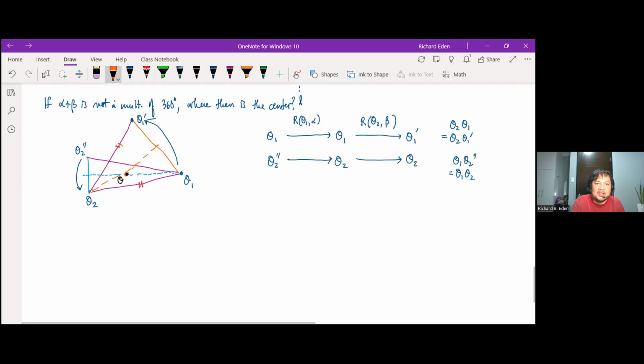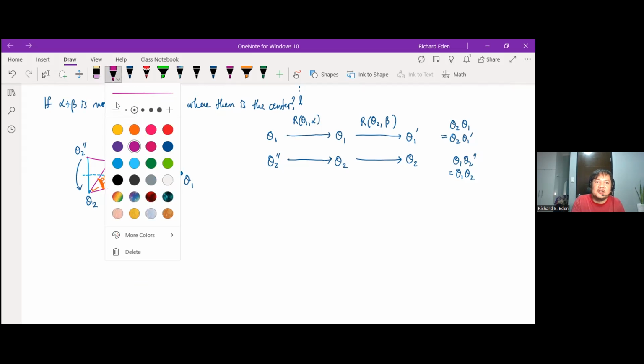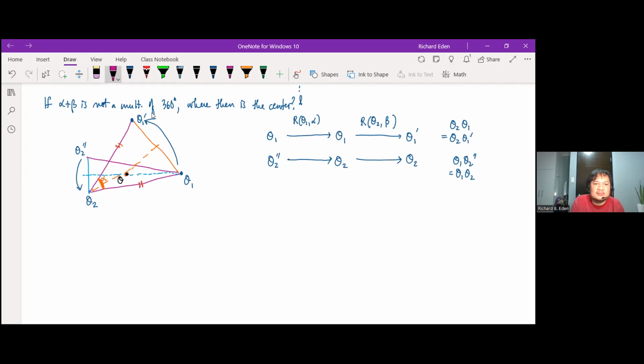Kasi, look here. This angle is alpha. And then this angle is beta.